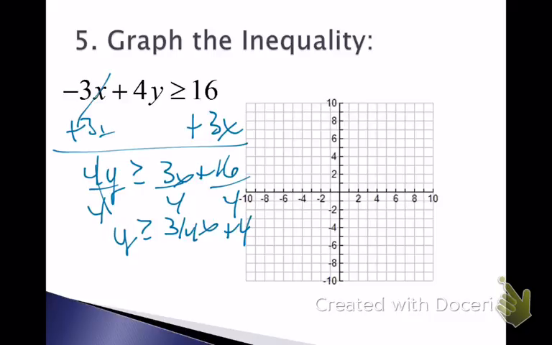Okay, so we go to 4. Slope is 3/4. So up 3, right 4. Up 3, right 4. Or down 3, left 4. Down 3, left 4. Not a great line, but it's there.